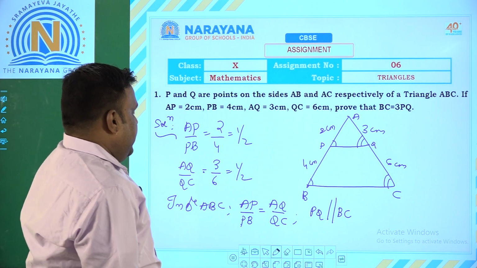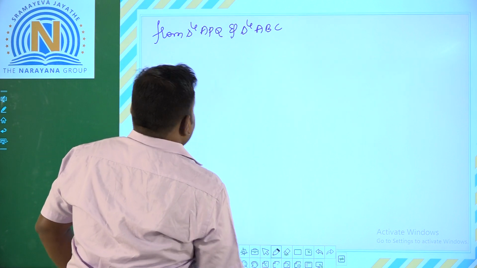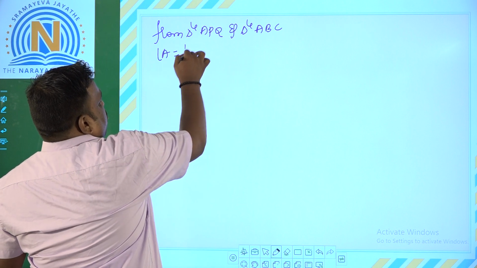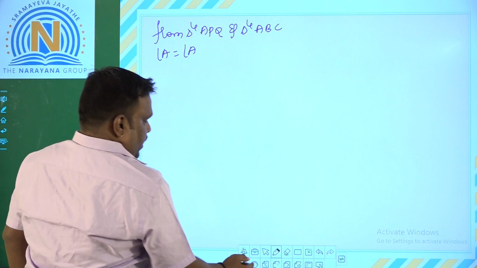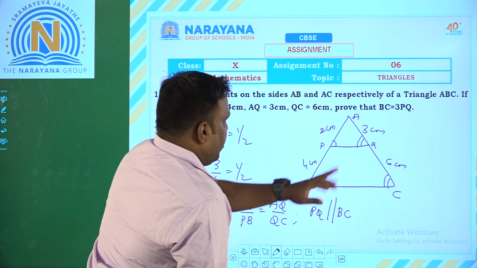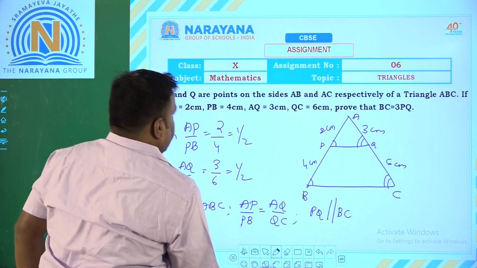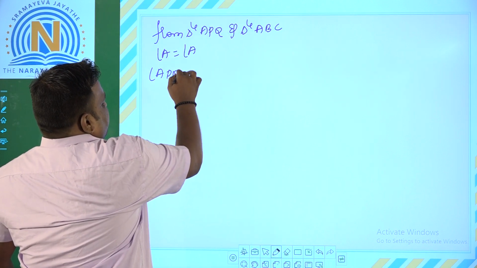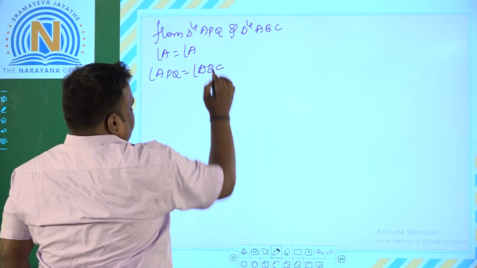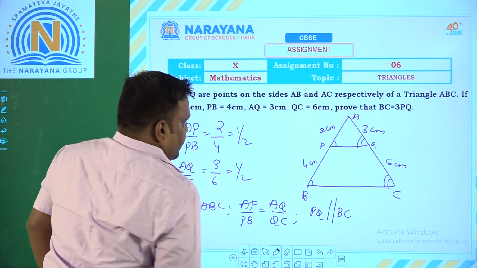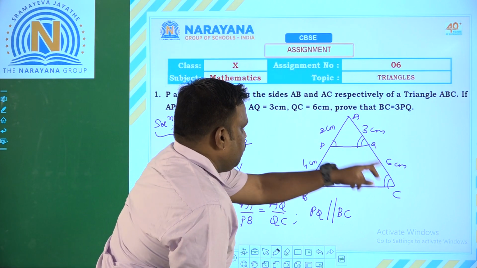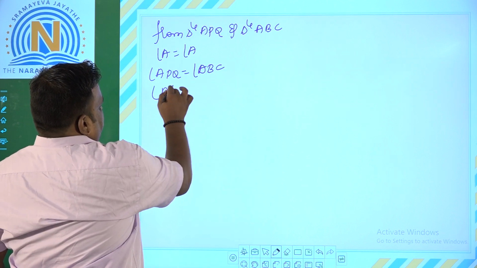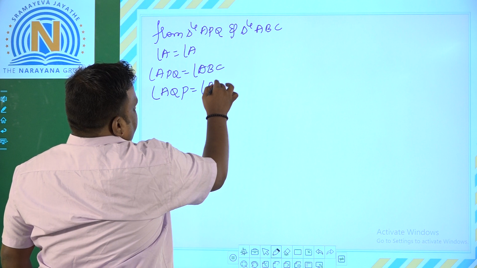So from triangle APQ and triangle ABC, angle A is equal to angle A, that is common, angle APQ is equal to angle ABC, and angle AQP is equal to angle ACB.